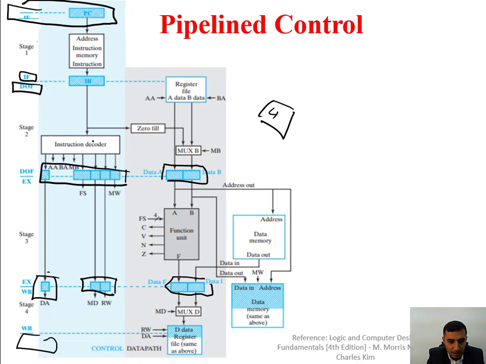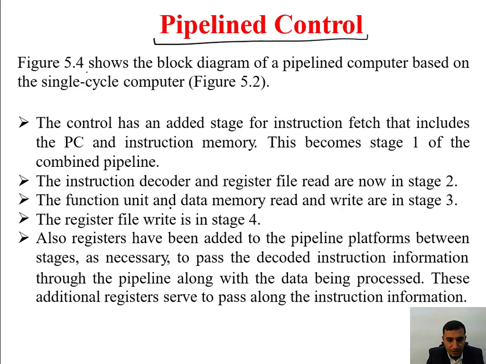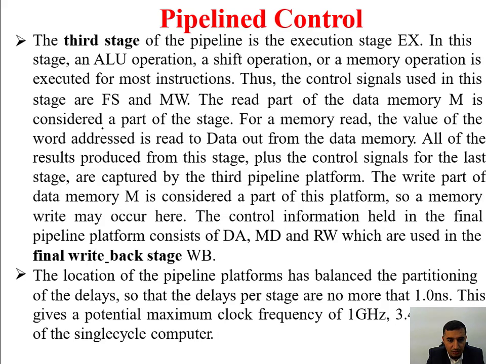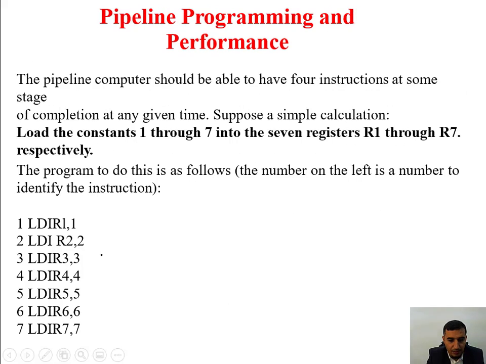We have the function unit as part of stage number 3, and the register file now is in stage number 3. So these are the modifications that are done to the pipeline in the 4 stages, as you can see over here. Now, the main part that we want to talk about is how to use the pipeline.